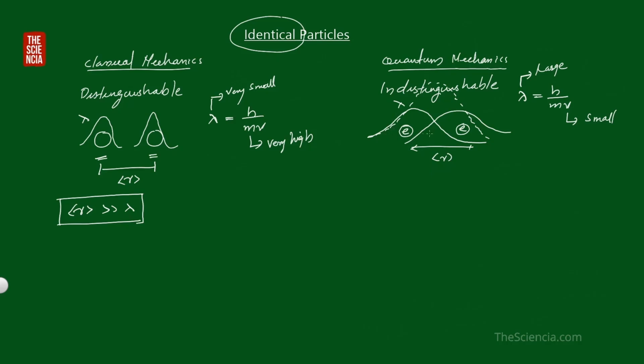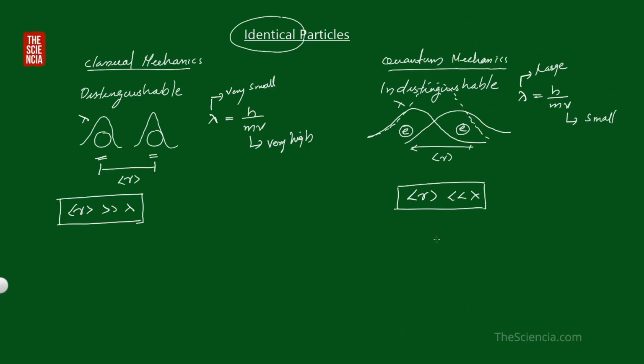Here you can see the wavelengths are overlapping, and due to this overlap we will observe these two as a single one. So we cannot distinguish each of these electrons. That is the condition for indistinguishability: the average value of separation between these two is very much less than lambda. This is the reason why electrons in an atom are observed as an electron cloud. We cannot distinguish each of the electrons.